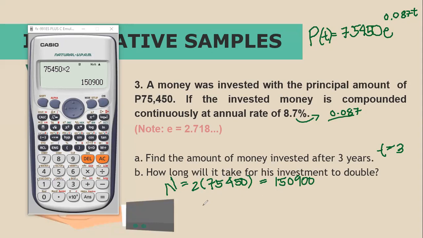All right. So 150,900 yung P. That is equal to 75,450 multiplied to e raised to 0.087 times t. Okay, again, hinahanap na naman yung t. So divide both sides by 75,450.